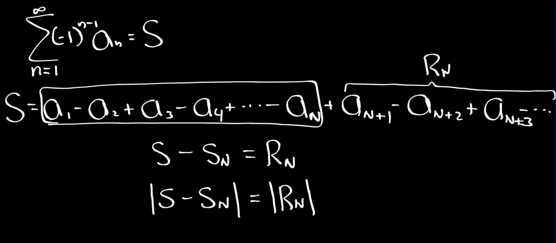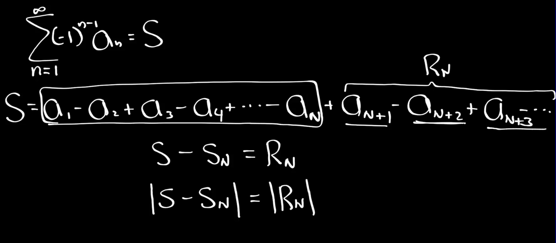Now remember, every term is getting smaller and smaller in this alternating series. So A sub n plus 1 is bigger than A sub n plus 2. Let's just put some numbers to these. With A sub n plus 1, you're subtracting off A sub n plus 2, so you get a little smaller.